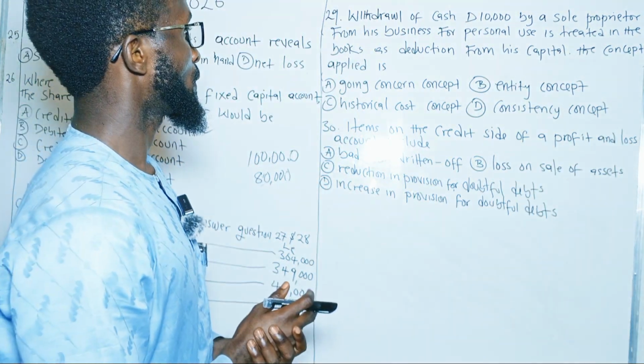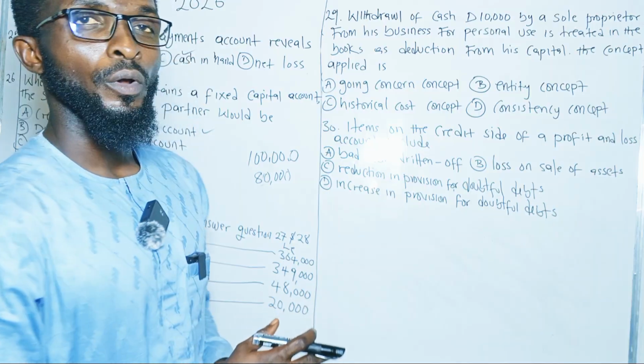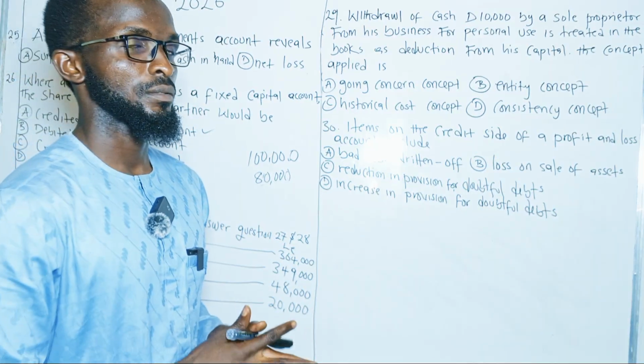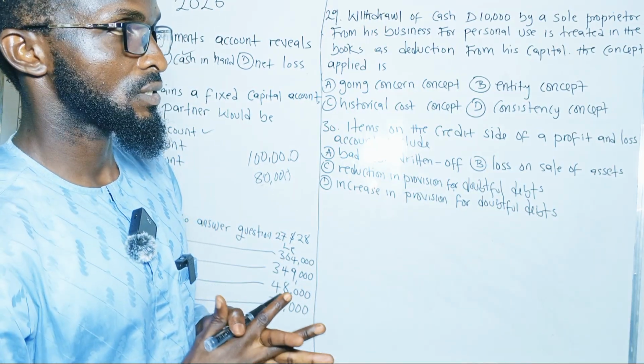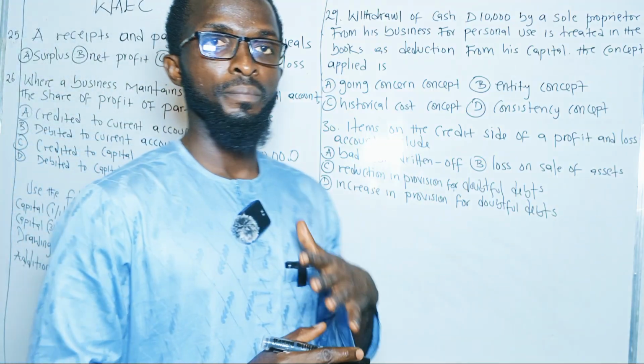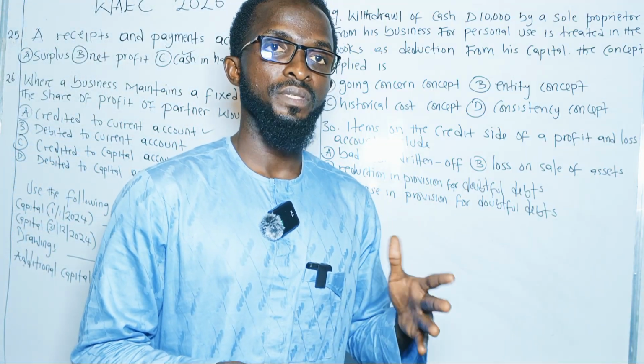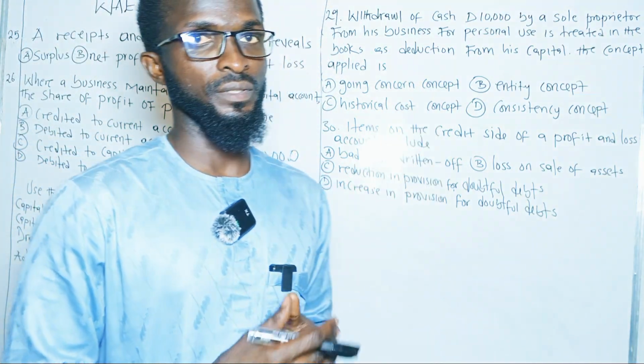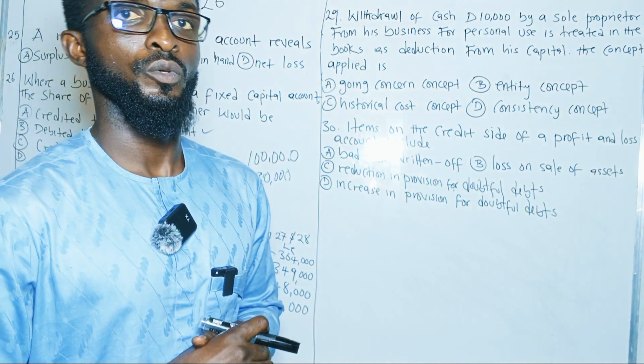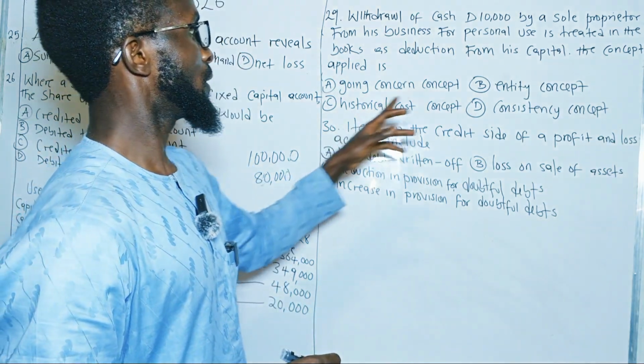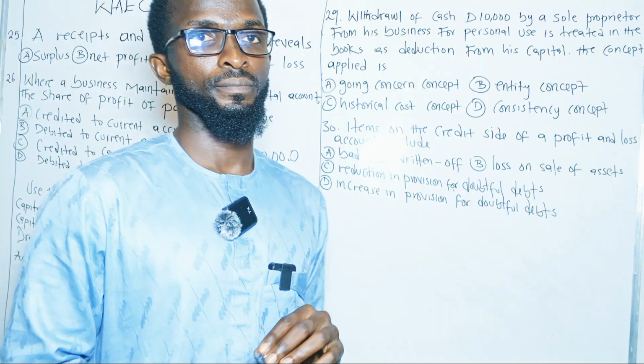So withdrawal of cash in business, there is a concept that says the owner of the business and the business itself are two different entities. This concept is called entity concept.